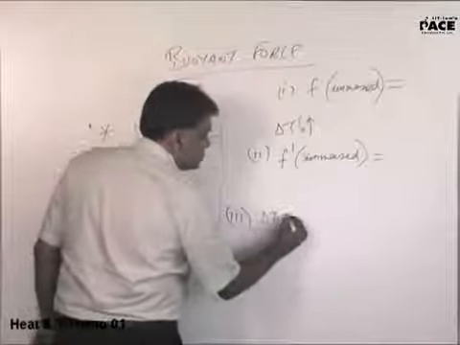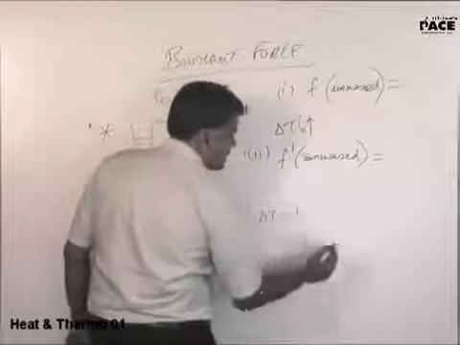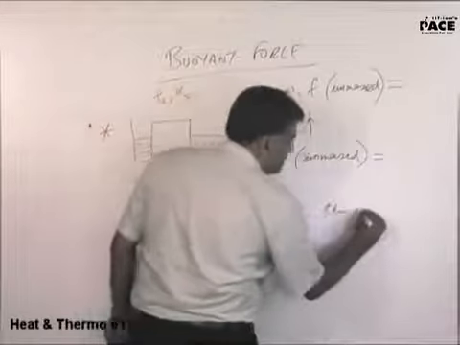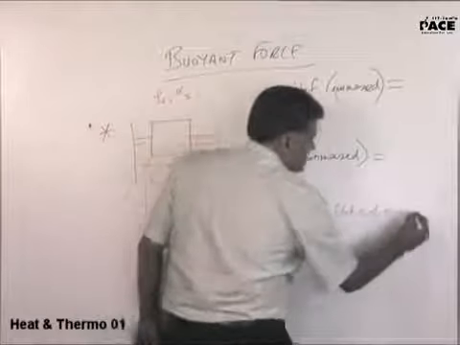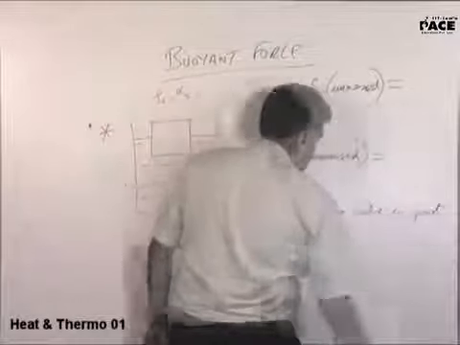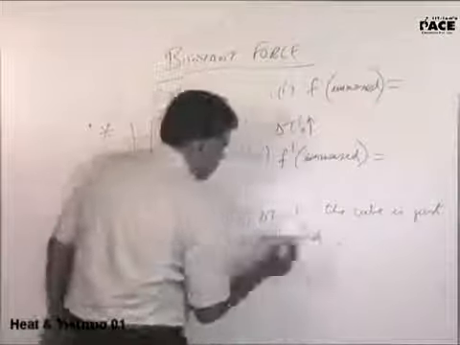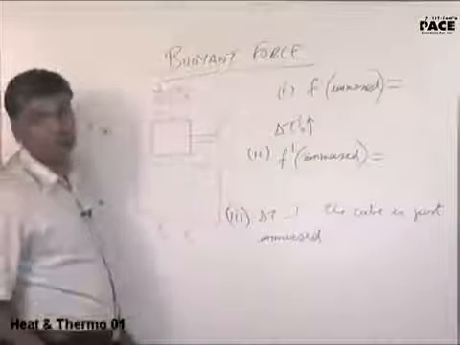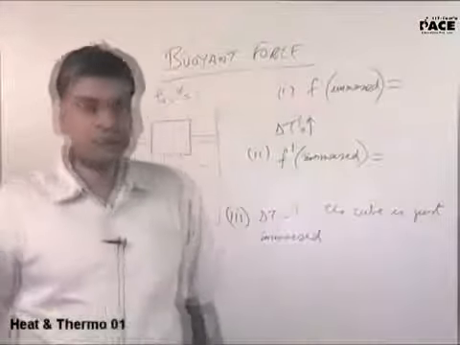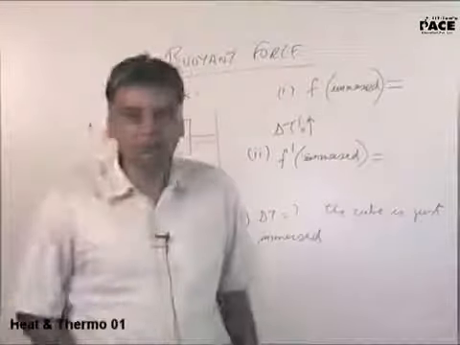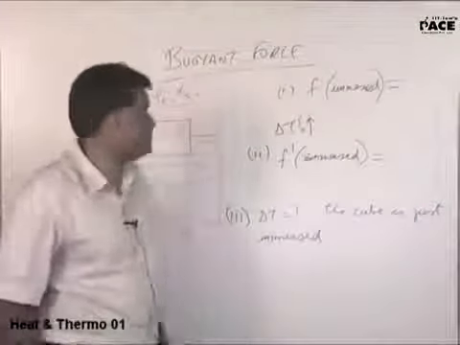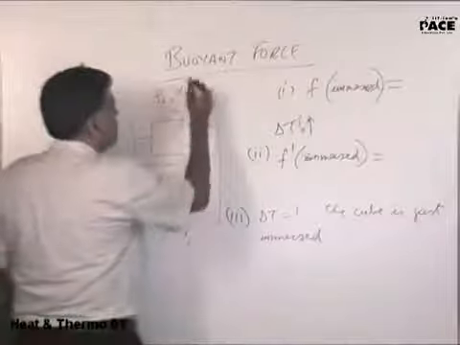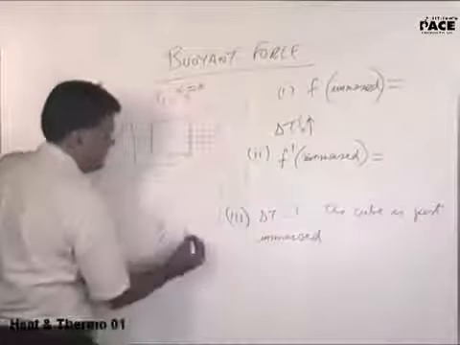Delta T should be how much such that the cube is just immersed? Can we just use alpha instead of alpha S and gamma? Yeah, we can use it, but let me first tell you what it is. You would like to use alpha S as alpha and gamma L as gamma.